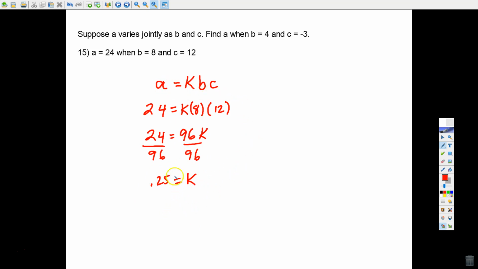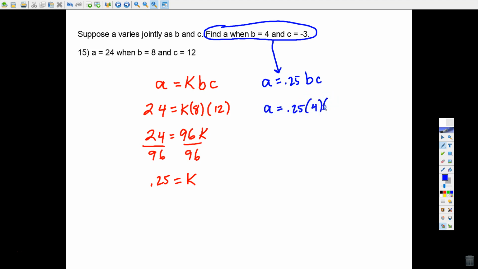Okay, so I'm going to take my general statement and make it specific, knowing that k now is 0.25. Okay, and it's this blue equation, now that I've identified k, that will help me answer the final or the ultimate question. What is a if we replace b with 4 and c with -3?